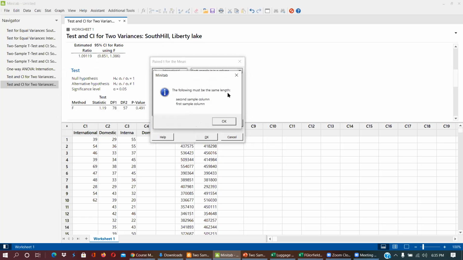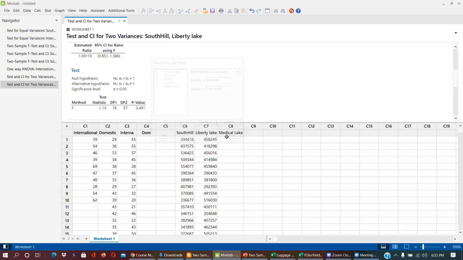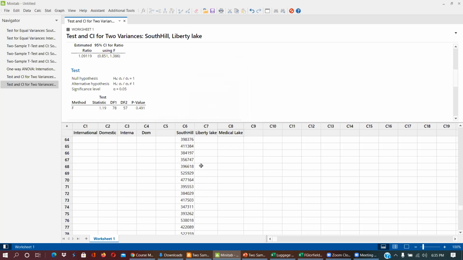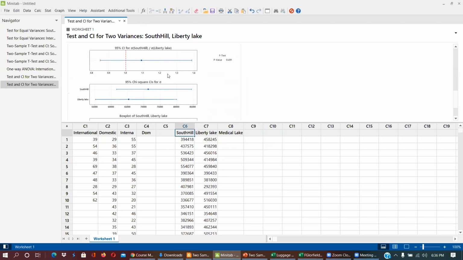When you are doing the paired sample, it has to be the same number of observations. We have different here. Paired sample is always the same, but otherwise the samples can be different. So this is about the two sample hypothesis test, which I wanted to explain.